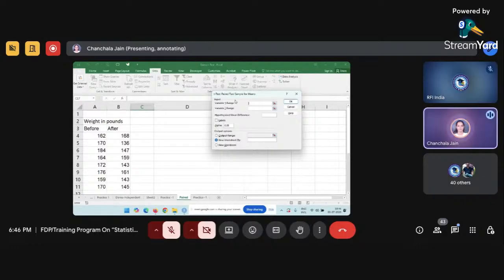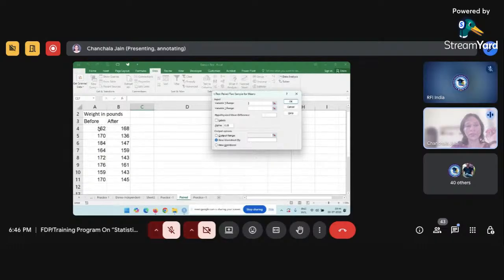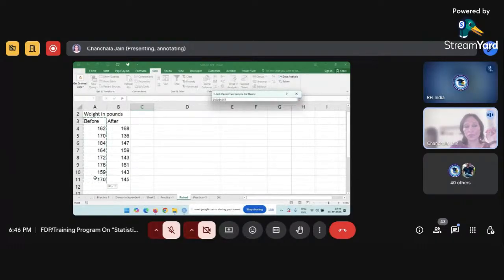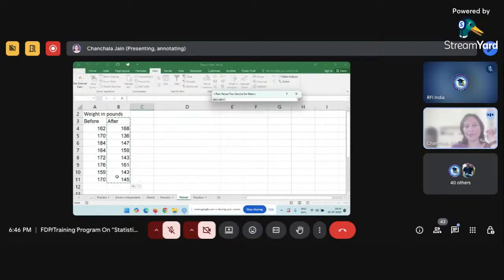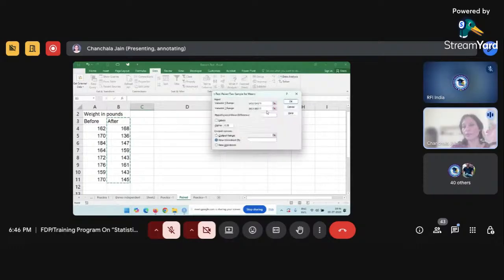Once you select it, you get this dialog box. We are providing the ranges of both samples. I have selected the Variable 1 range as A3 colon A11, and next I am selecting B3 colon B11. This is my range, right? Again, the hypothesized mean difference I am not providing.